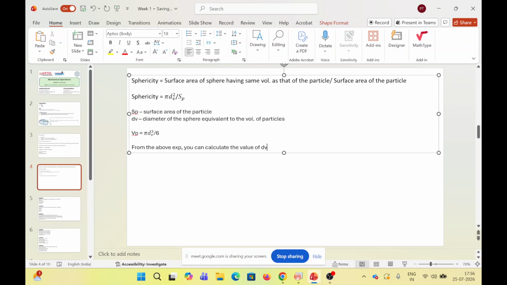Then pi dv square by SP is the sphericity of the particle. One more thing: shape factor is 1 by sphericity. So remember this.